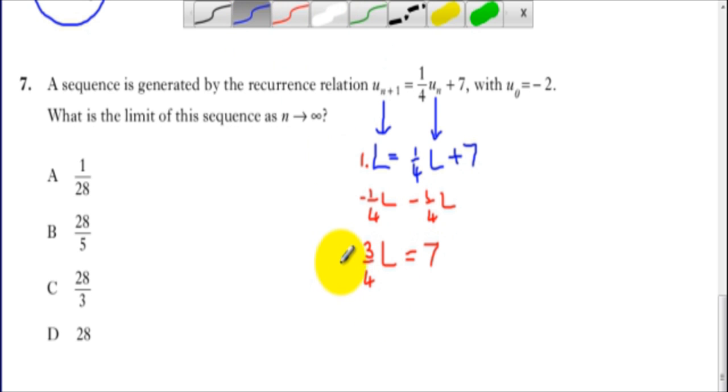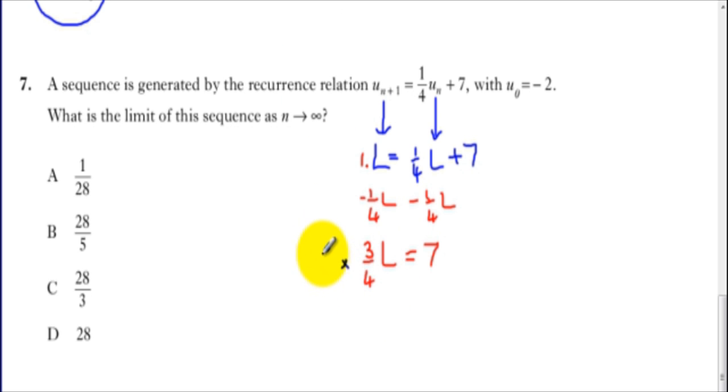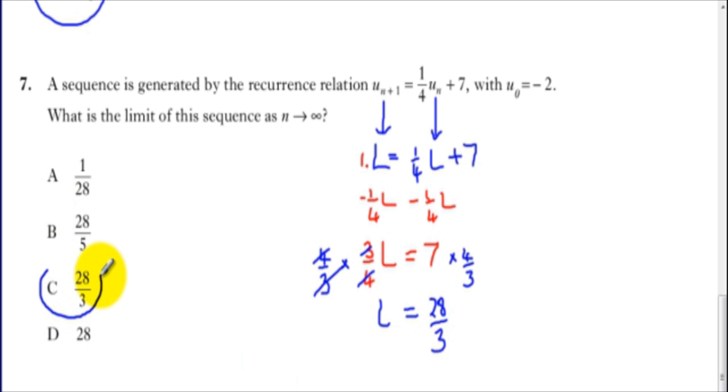We want L from this. Now one way of doing this would be to multiply both sides of the equation by 4/3. By multiplying 4/3 times 3/4, these numbers cancel and we're just left with L is equal to 7 times 4 is 28/3. So the answer to this is part C.